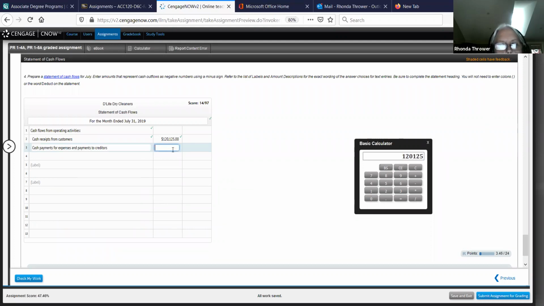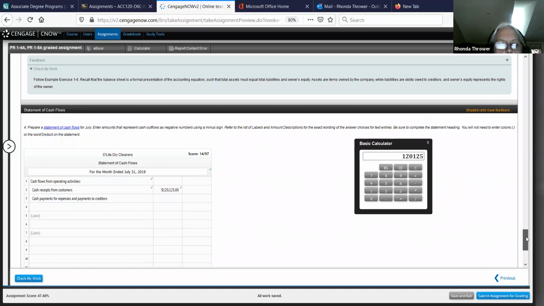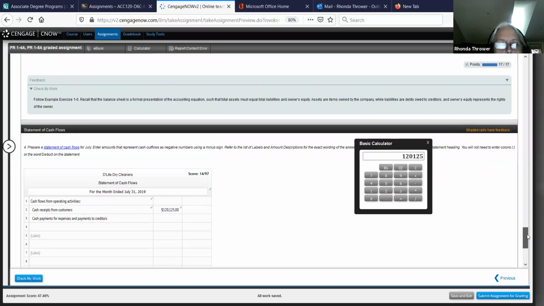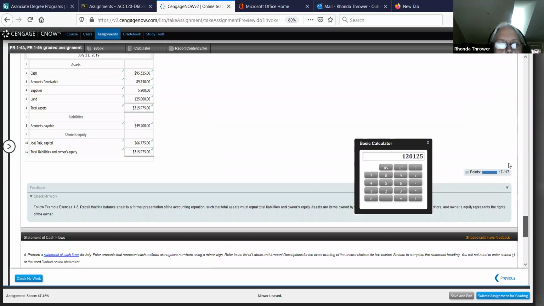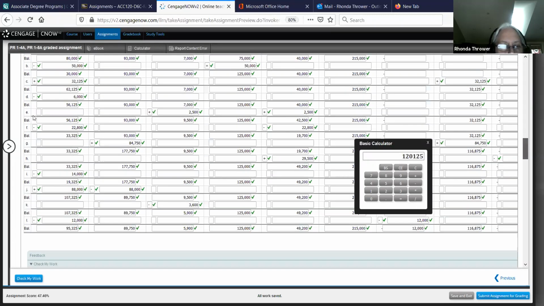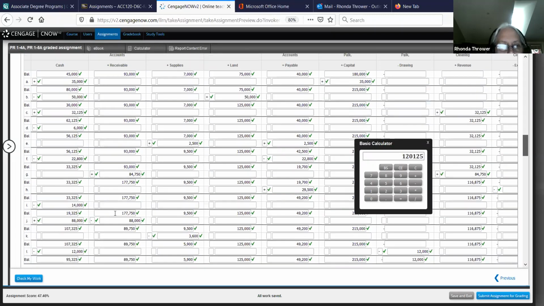And then I'm going to look back at my cash account in my transactions and see which cash payments were for expenses and to my creditors. So I'm examining just my cash account. I'm examining what I've paid out in cash, so it has to be minus signs.